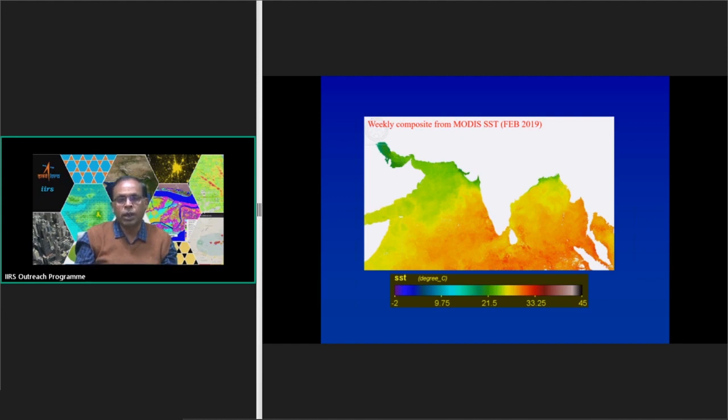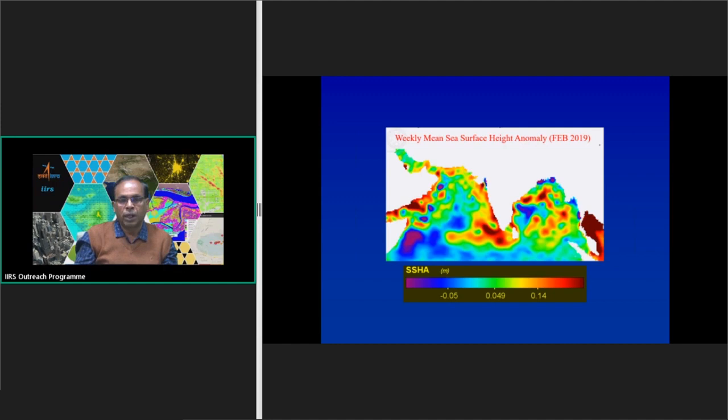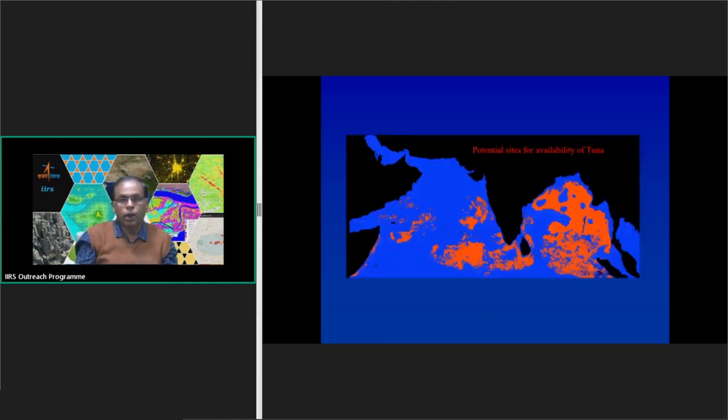So tuna are available in the low chlorophyll water, where the altimeter data is also used to find out the low chlorophyll water and low temperature water.